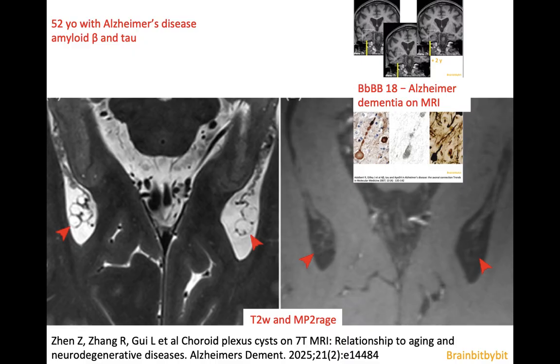So during aging, I already said, the epithelial atrophy, the thickening of the basal membrane, the fibrosis of the stroma, the decrease in microvilli leads to a less functioning choroid plexus, and there's less clearance of tau and amyloid beta in the CSF, and this can contribute to the pathogenesis of Alzheimer's disease.